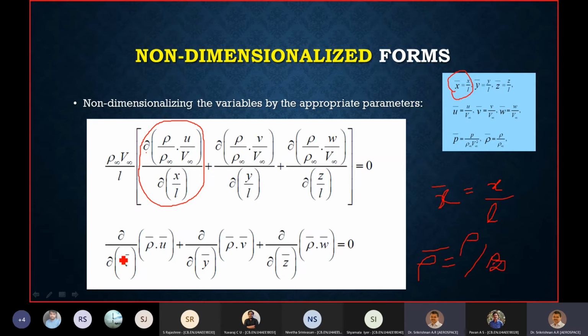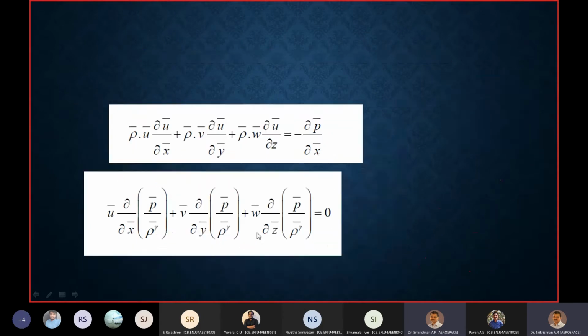Okay, so using that notation, now I just transform this equation as dou by dou of x bar, rho bar, u bar, etc. So this is a non-dimensionalized form of the conservation equation for mass, the continuity equation. And similarly, I'm not going to repeat the whole thing, the momentum equation in the x direction.